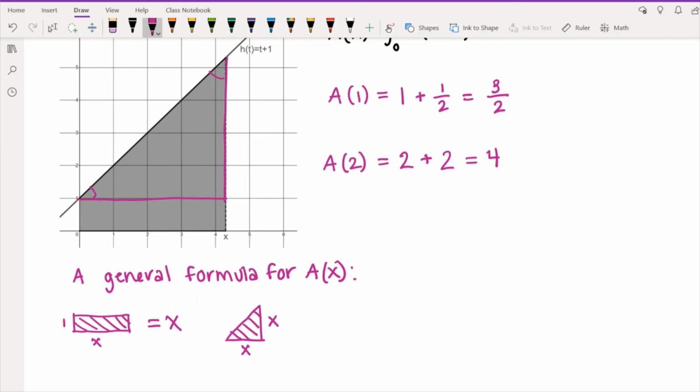Another way of thinking about it is that because this function is h of t equals t plus 1, basically, let me think how I want to say that. If you go to an x value of 2 and draw a triangle like this, notice that the y value is 3, but that's just because you have this bottom part that had a height of 1, and so it's really 1 plus x.